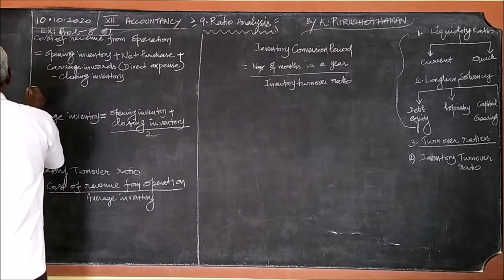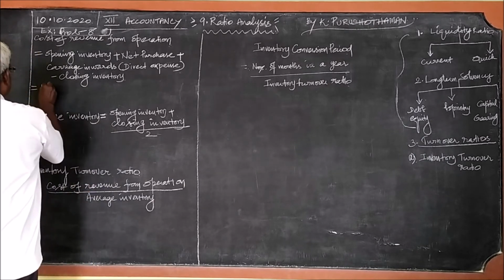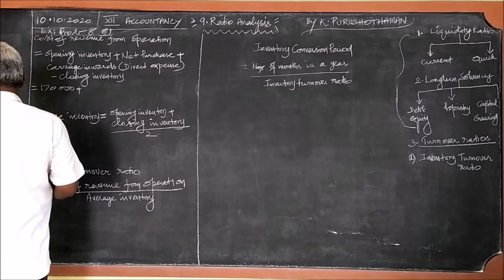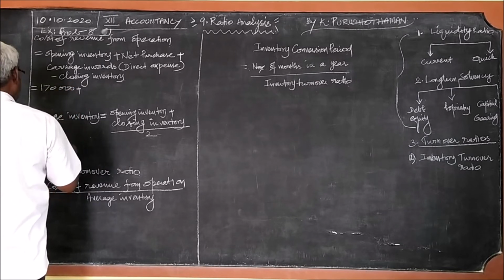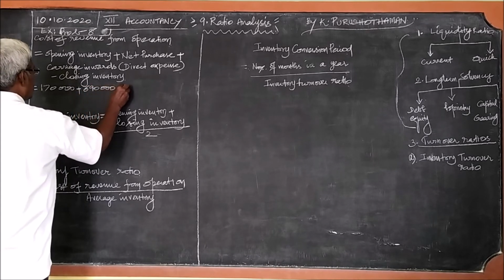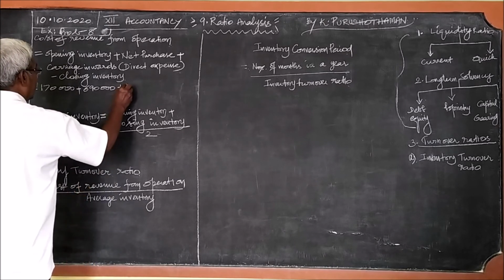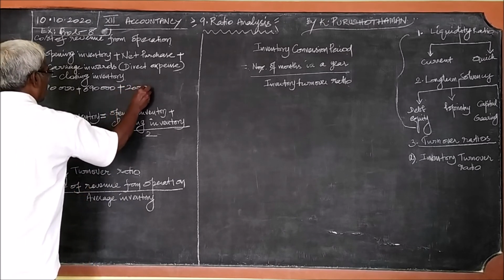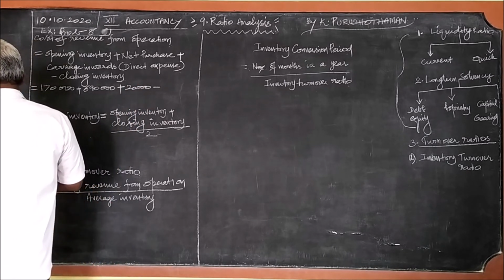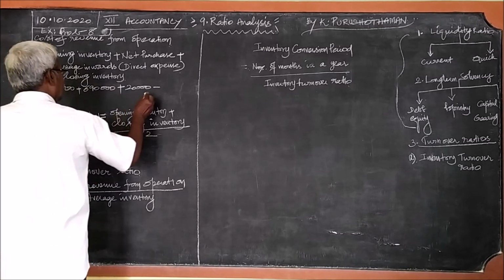Now substitute the values. 1,70,000 plus net purchase, that is purchases made during the year, 6,90,000, plus carriage inwards 20,000, minus closing inventory, that is inventory at the end of the year, 1,30,000.